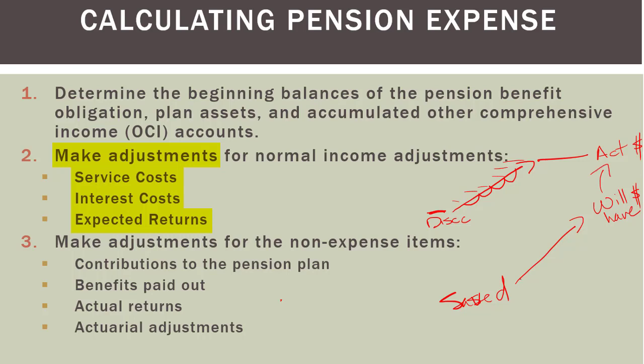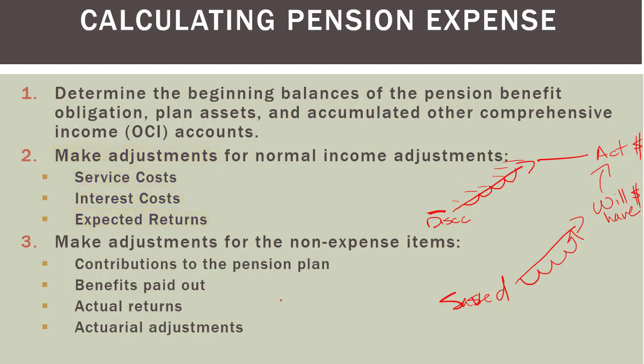So over time, our plan assets will grow just because of interest. And that's what this expected return is: it's accounting for the growth of the asset. So you have these 2 numbers, the discount and the amount that we've saved, working together to change our pension obligation. And we have to account for that every period.